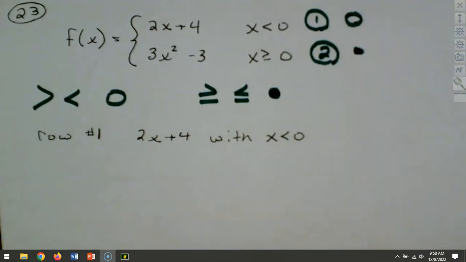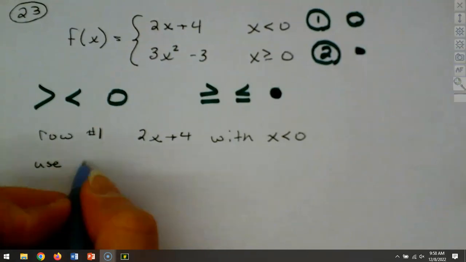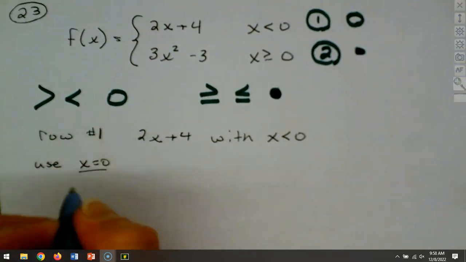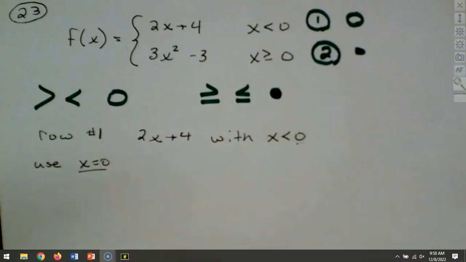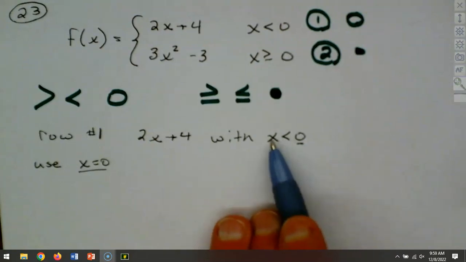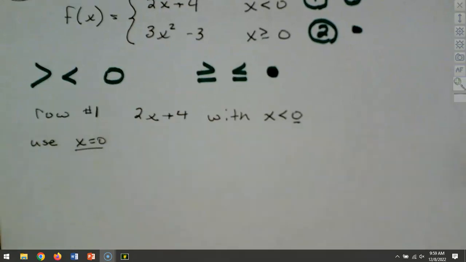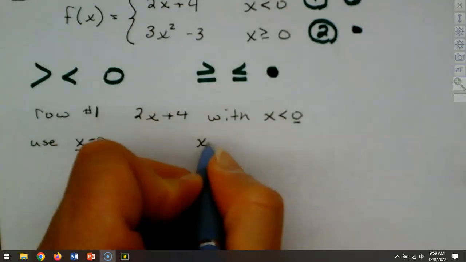Okay, x has got to be less than 0. So I'm going to use then x equals 0, because we always plug the value in. You always plug that part in. And we need another number, but my number needs to be what? Less than 0. Okay, so what am I going to use? How about we use a -1?